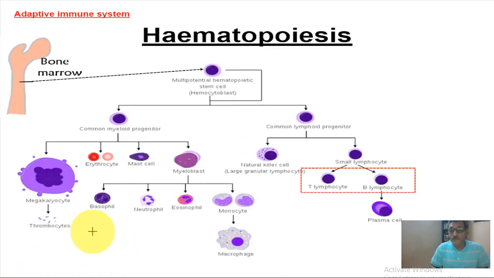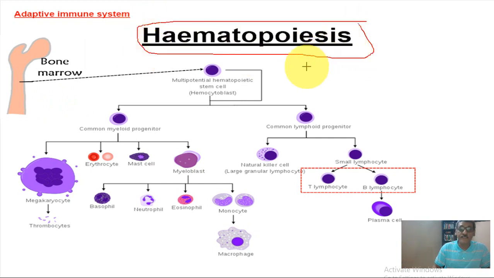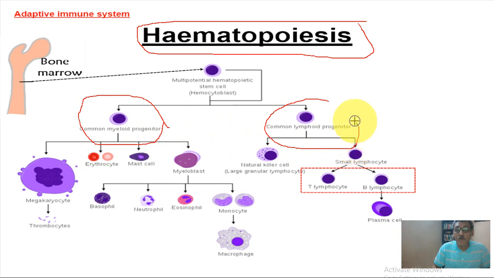Now let's look at where these lymphocytes originate from. As you know, all different kinds of blood cells, be it RBC, WBC or platelets, originate from bone marrow through a process known as hematopoiesis. These hematopoietic stem cells differentiate into two different lineages known as common myeloid progenitor and common lymphoid progenitor.